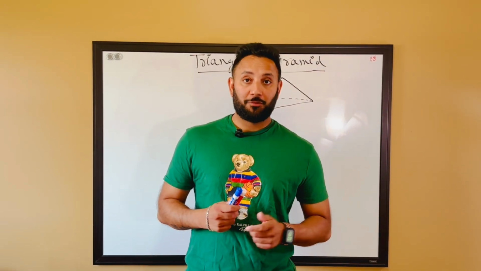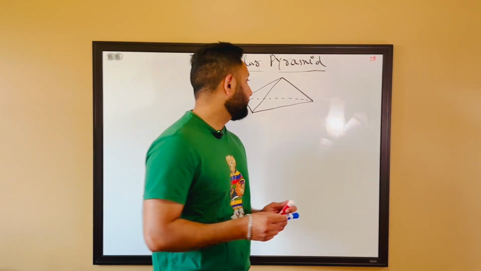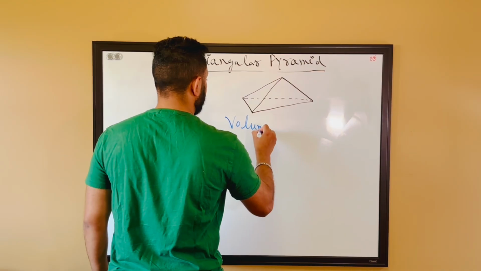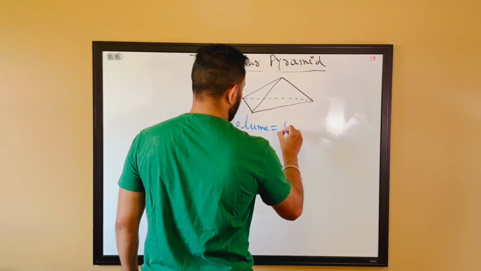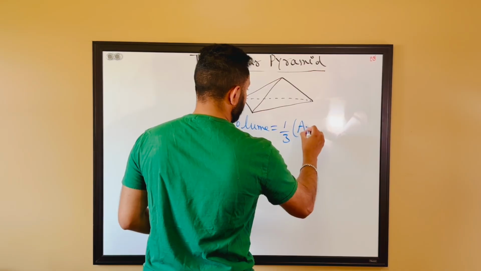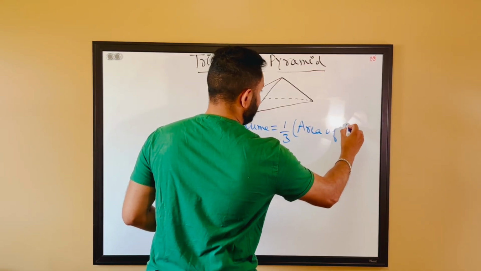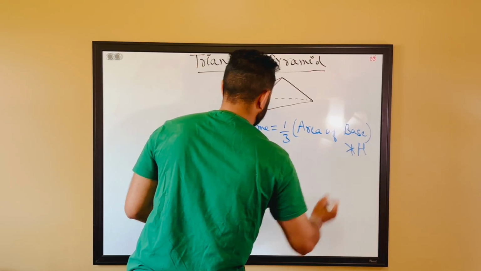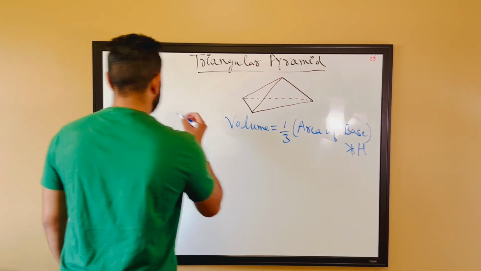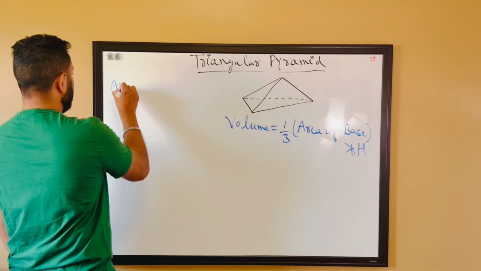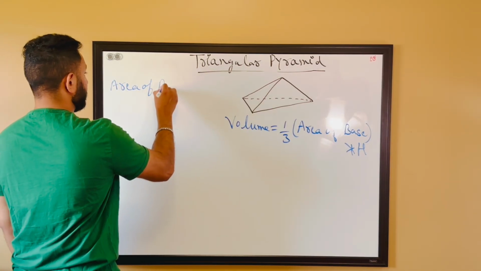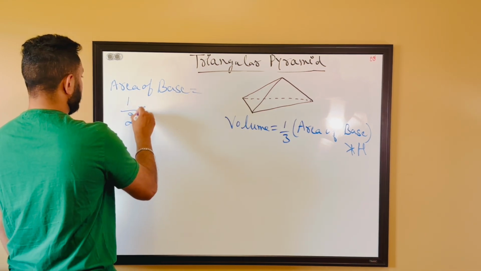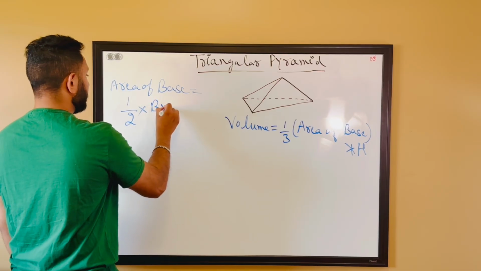So now we're gonna do the formulas for volume and surface area. The formula for volume of triangular pyramid is 1/3 area of base into height of pyramid. So let's simplify the formula. Area of the base, which is a triangle, we already know the formula, 1/2 base into height.